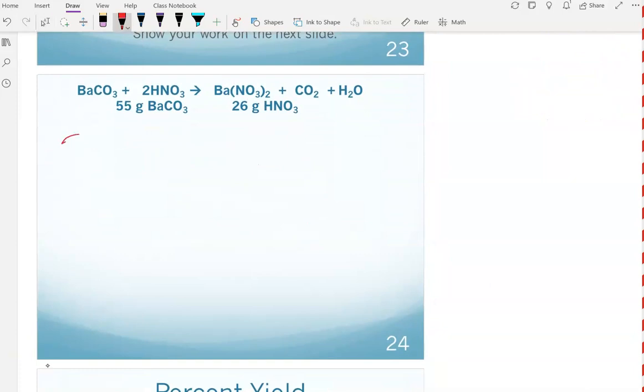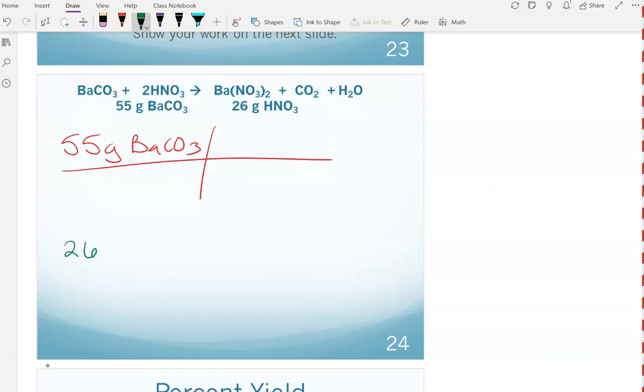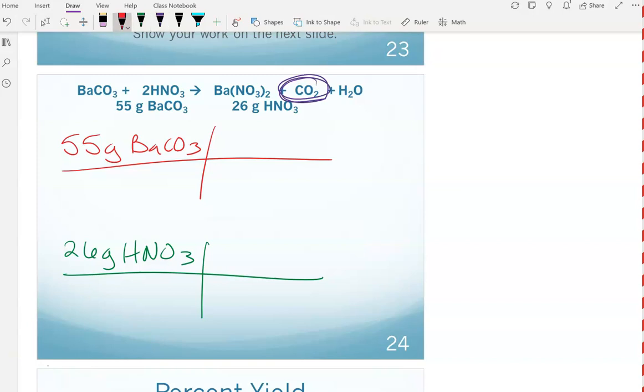So again, I'm going to do 2 picket fences. So 55 grams of BaCO3. And then I have 26 grams of HNO3. So I'm going to convert both of these into this product here.